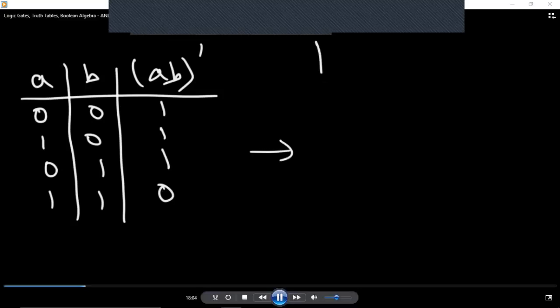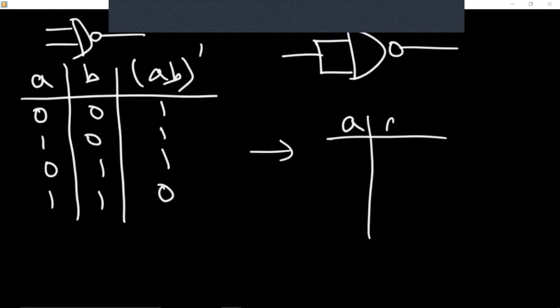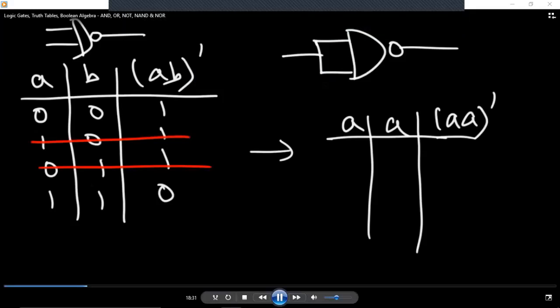Now, once we connect the two inputs together, let's say once we make this circuit, here we have this circuit, by the way. These two columns have to be the same. So therefore, these two possibilities cannot work.